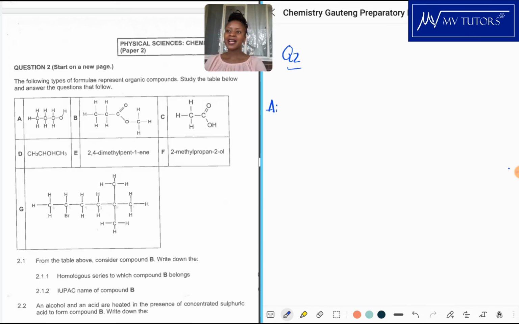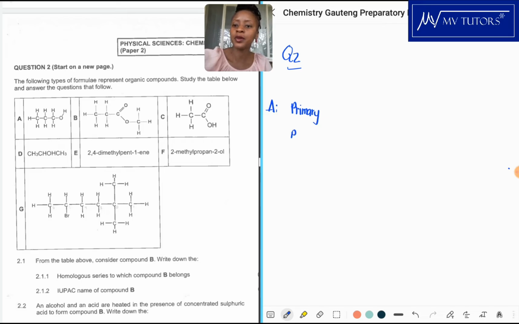Compound A, all right, I see 3 carbon atoms, so prop something. Then at the end, I see an OH group. So I know I'm dealing with an alcohol, all right? What kind of alcohol is it? It is a primary alcohol because the carbon attached to the OH group has only one other carbon attached to it. And what is the name of this primary alcohol?